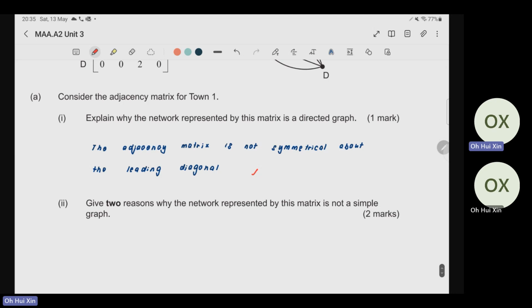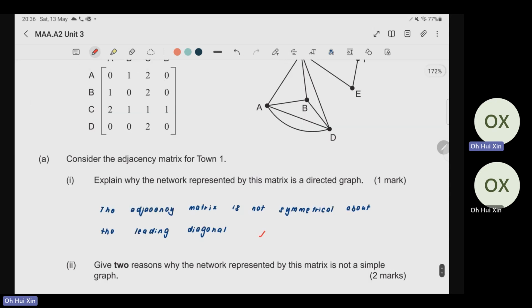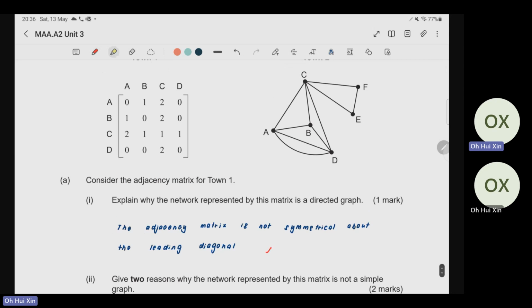Because we already talked about why it is a directed graph, we are not going to look at the symmetrical part anymore. When we talk about whether or not a graph is a simple graph, we talk about there being no multiple edges and no loops. So the first thing to check is loops, and you check the leading diagonal.